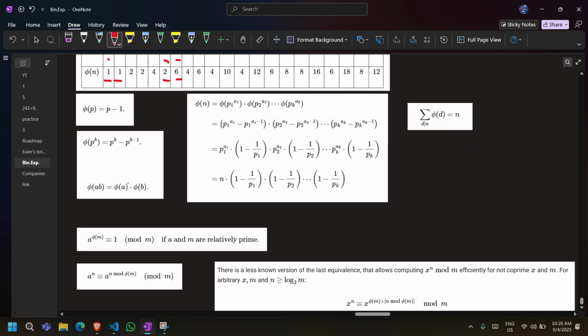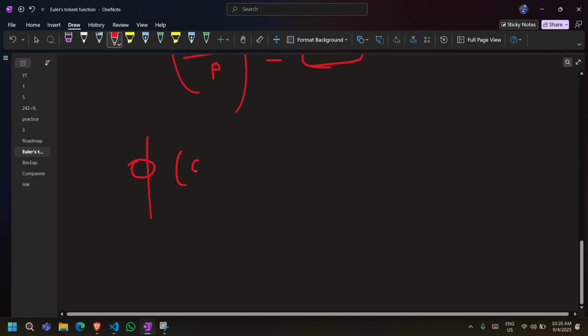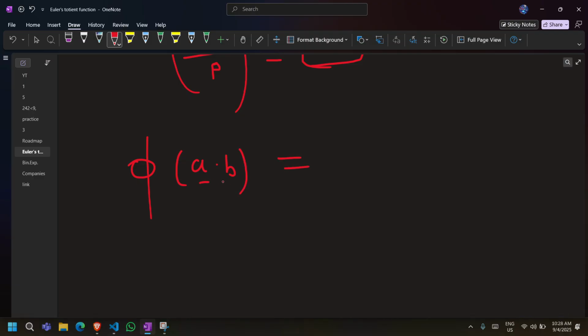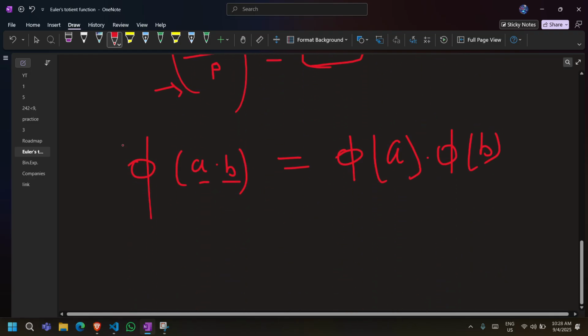Next property is phi of a into b. Phi of a into b, where a and b are prime to each other, meaning GCD of a comma b is 1, is basically phi of a into phi of b. You can derive it similarly to this one.